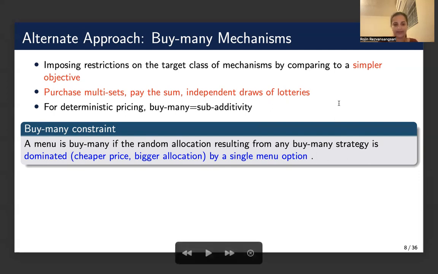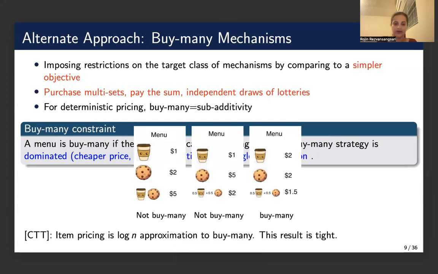Now, before seeing the definition of the buy-many constraint, let's take a look at some examples. This first menu is not buy-many. This is because if a buyer is interested in the bundle of coffee and cookie, they will go to the shop twice and buy the two items separately at a total price of $3 rather than this $5.